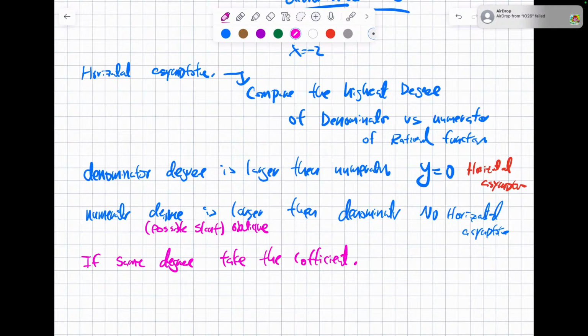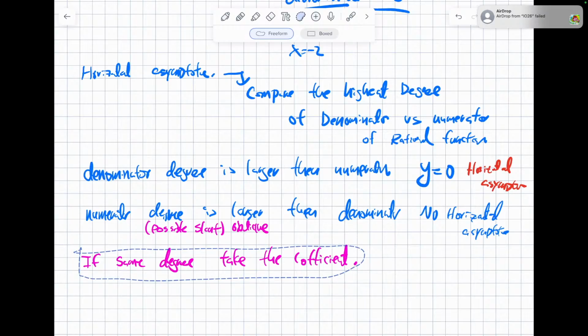That's only for when the numerator is larger. If it's the same degree, then it's the coefficients.